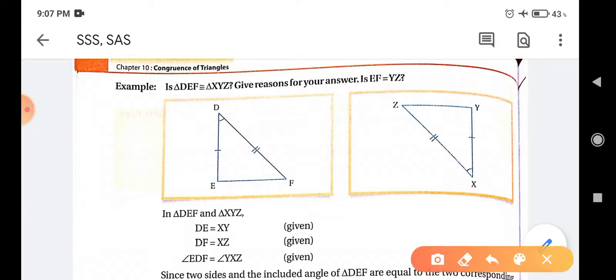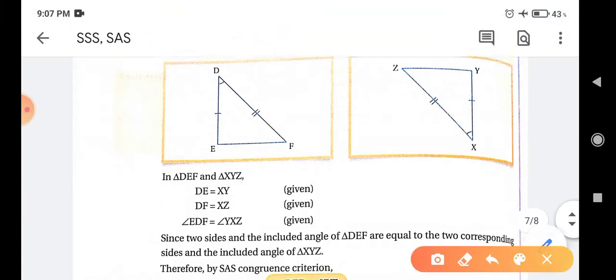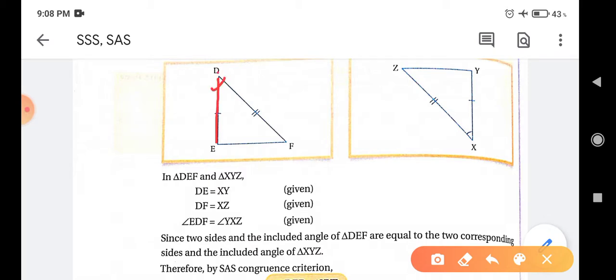Then angle EDF and angle YXZ are also equal, it is given.